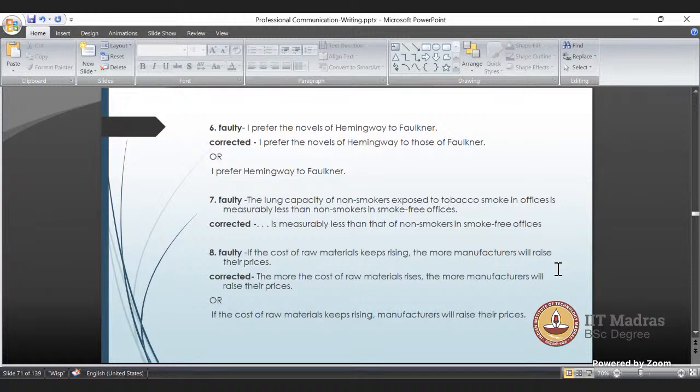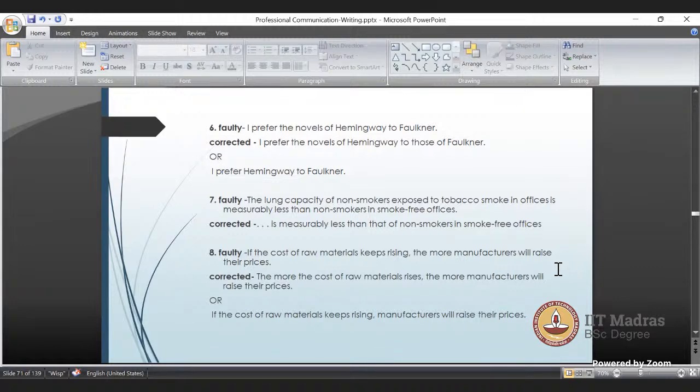So what you did is you took the second part of the sentence, the more manufacturers will raise their prices, and used the same grammatical structure for the previous one. So you remove the conditional clause "if" from there, and you use the comparative phrase for the cost of raw materials rises instead. Okay. Or if you wanted to use a conditional phrase, then the second option: if the cost of raw materials keeps rising, manufacturers raise their prices.